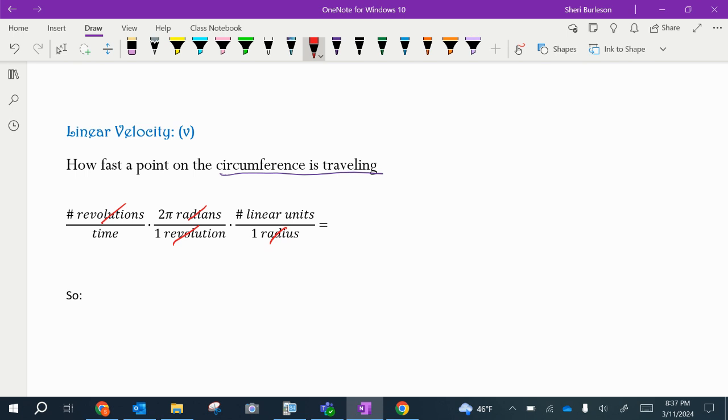So those reduce also. And what I'm left with now is a linear unit per unit of time.